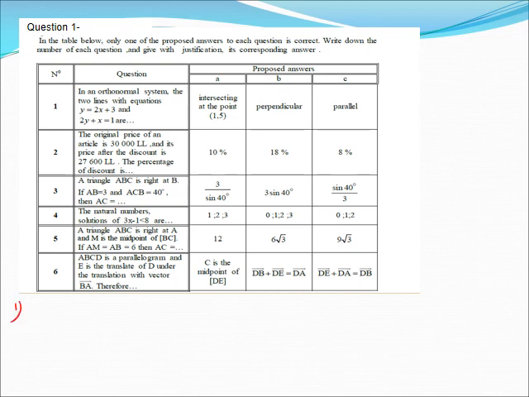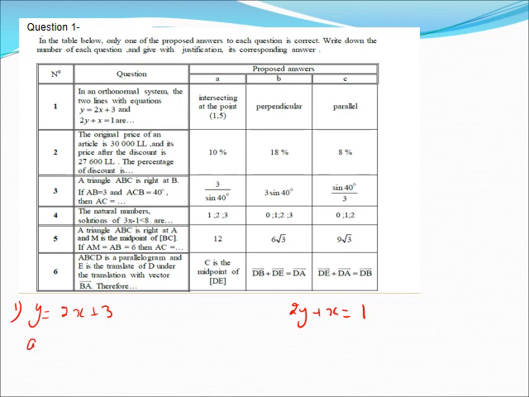Number 1. In an orthonormal system, the two lines with equation y equal to x plus 3 and 2y plus x equal 1. The two lines intersect, perpendicular or parallel.